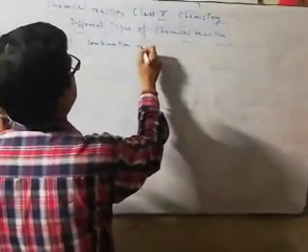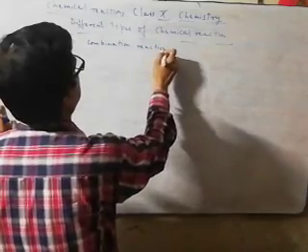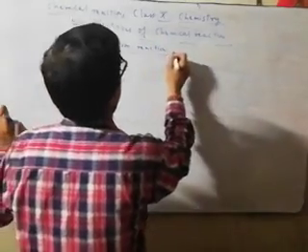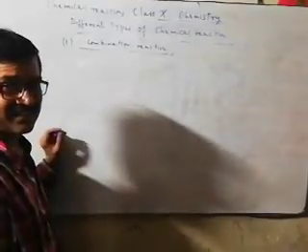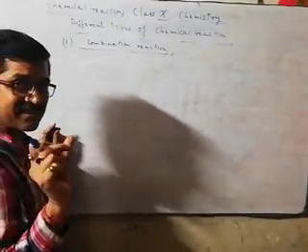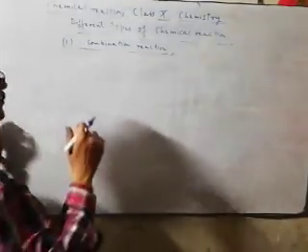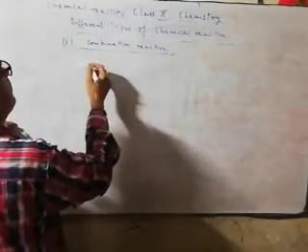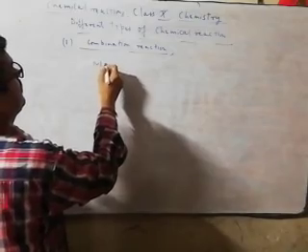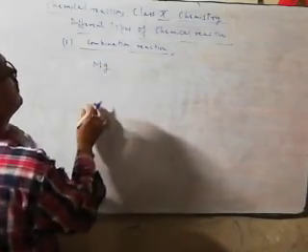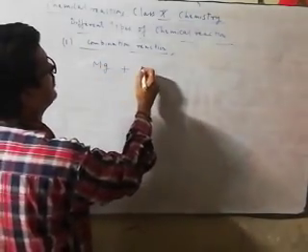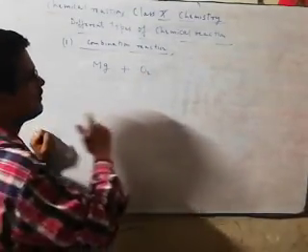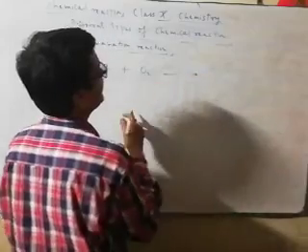What is the meaning of combination reaction? Two elements combine to give one, or two compounds combine to give one. The best example: when magnesium ribbon, Mg, is burnt in oxygen gas, what happens?